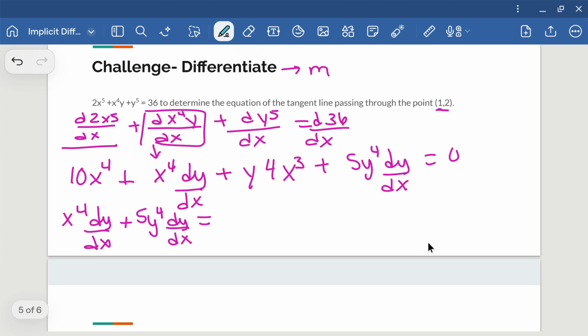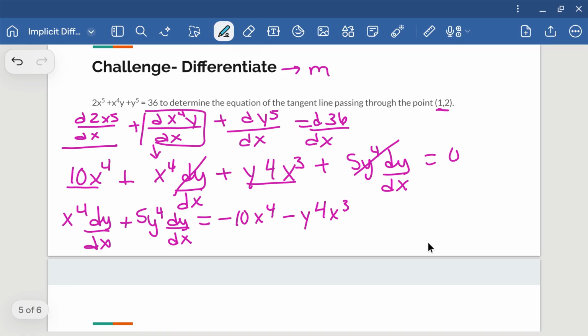And that will equal, so I'm done with those two, I just wrote them first, and I'm going to move these two to the other side. So subtract 10x to the power 4, subtract y 4x cubed.